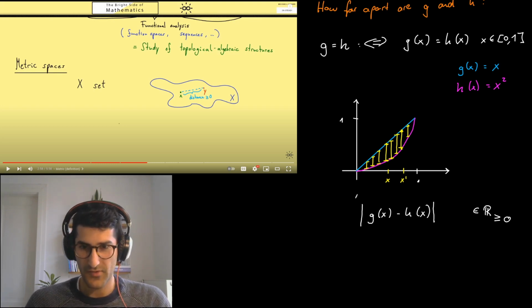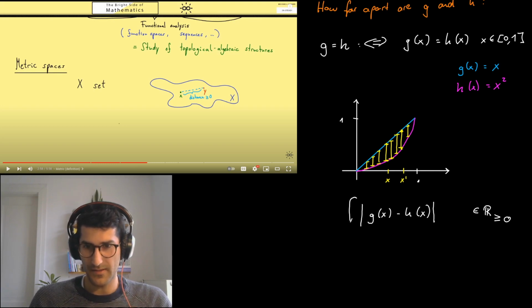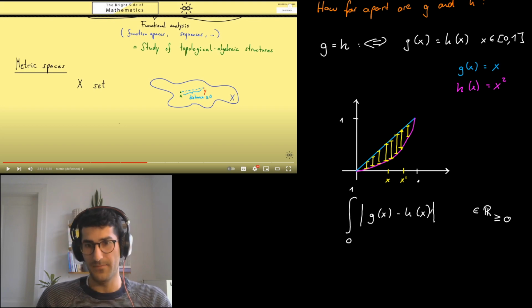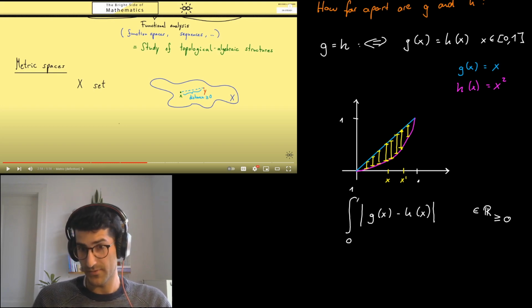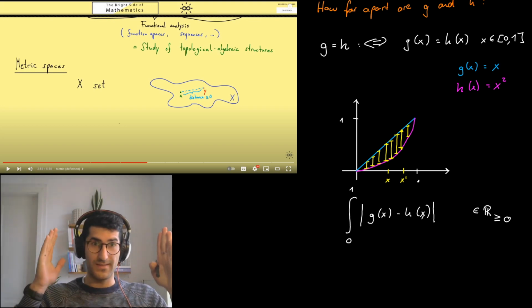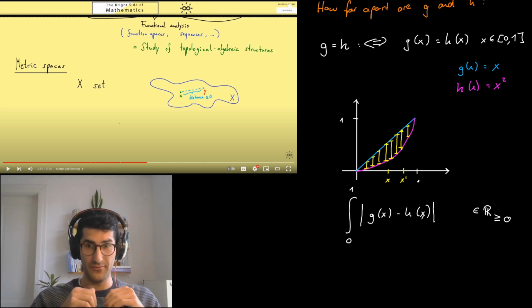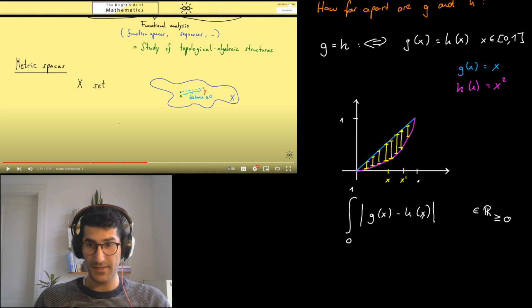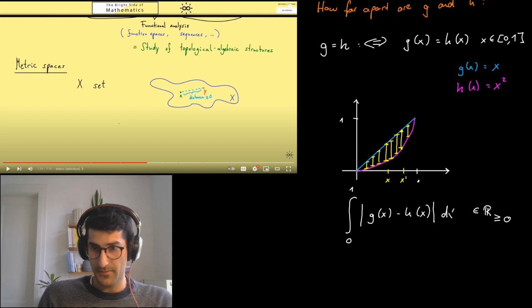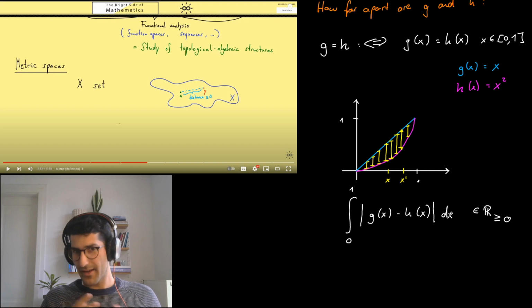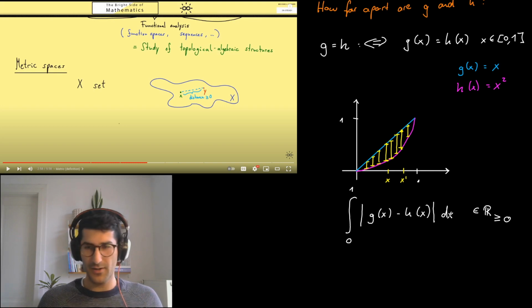We are going to say the distance between these functions could as well be just taking the integral from 0 to 1 of the absolute value of the function value difference at points x, for all points x. So we are not making any compromises.